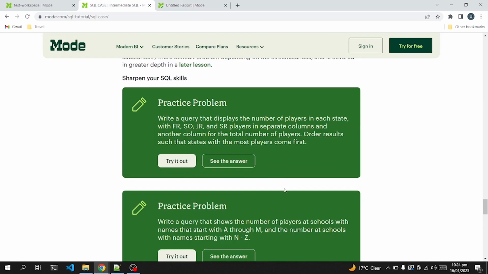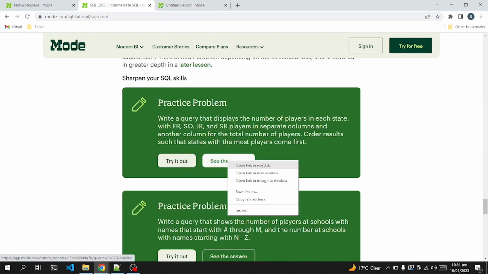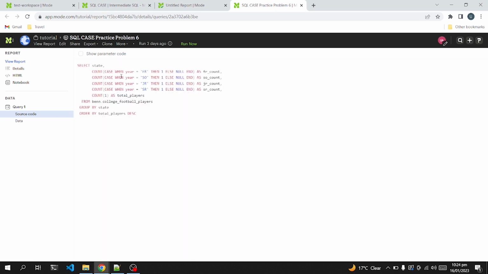Let's check the answer. Case when year is FR count, total players, group by state, order by desc. We have written the right statement.